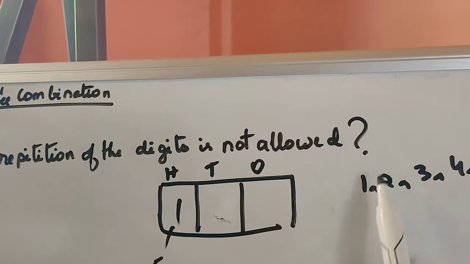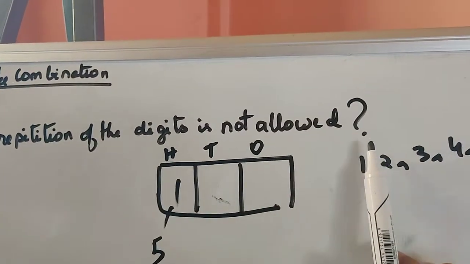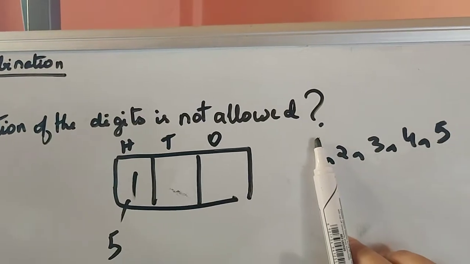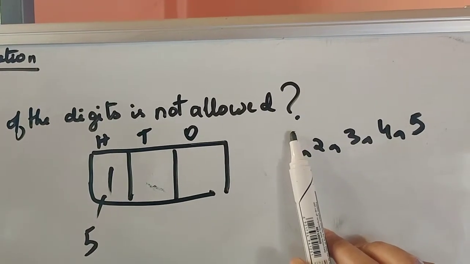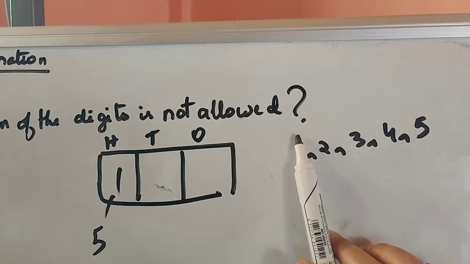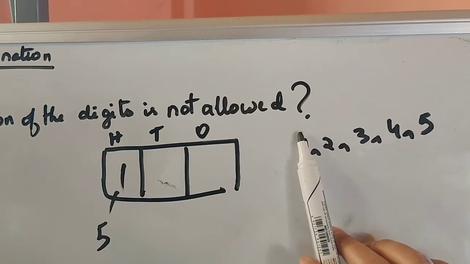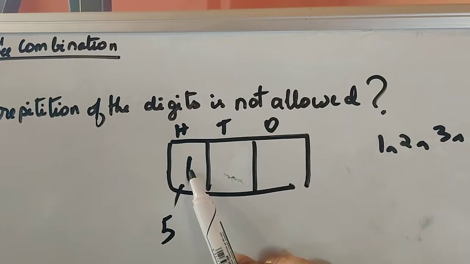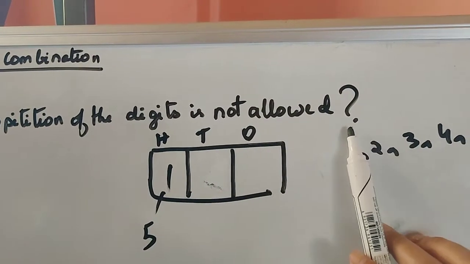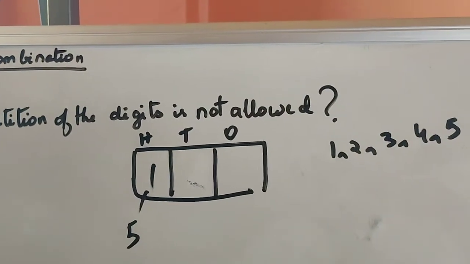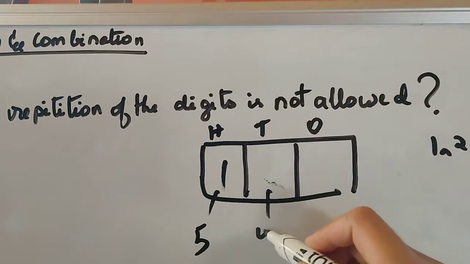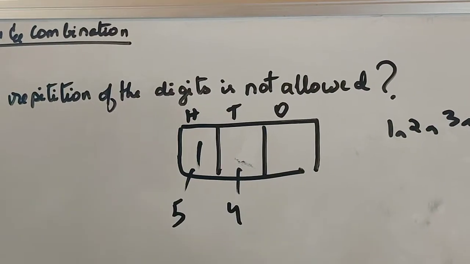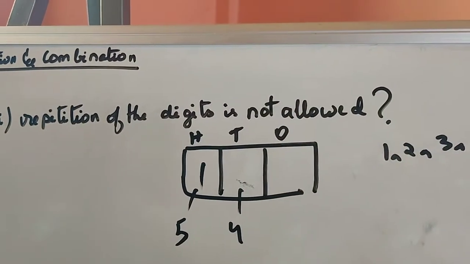If suppose I have taken 1 in the 100 place, then in the 10th place I will be left with only 4 numbers, 2, 3, 4 and 5. Or suppose if you have taken 2 in the 100 place, then you will be left with 1, 3, 4 and 5. That means you will be left with 4 numbers here. Similarly in the 1 place.